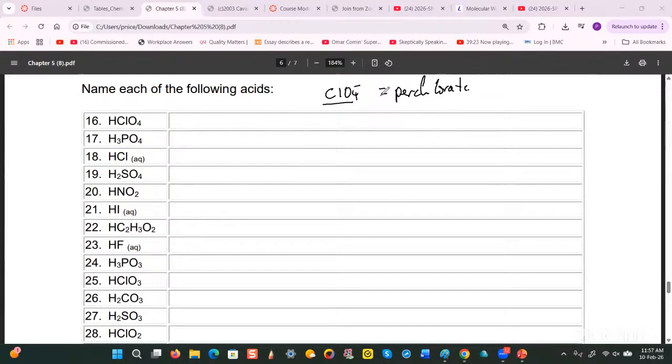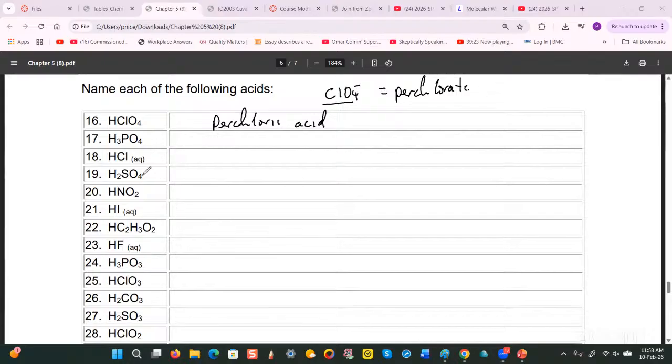Okay, so if the name of this ion is perchlorate, then what's the name of the acid? Perchloric acid, exactly. Perchloric acid, very good. Okay, what about number 17?